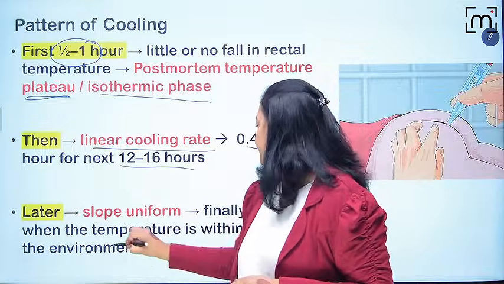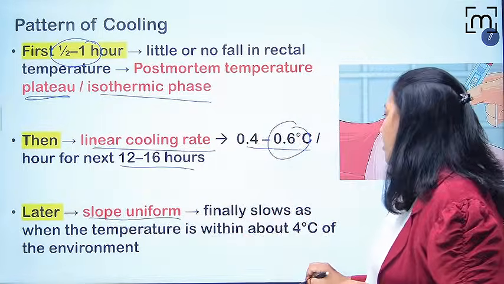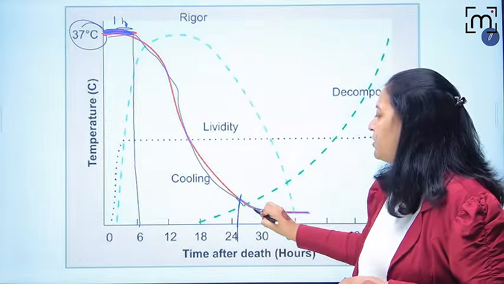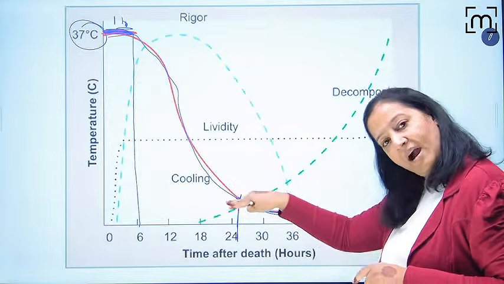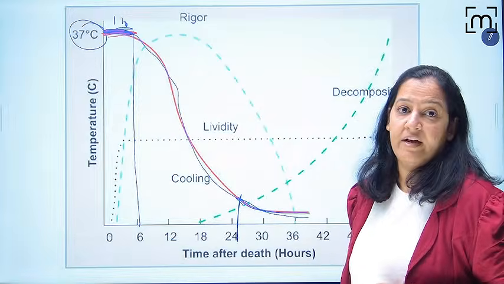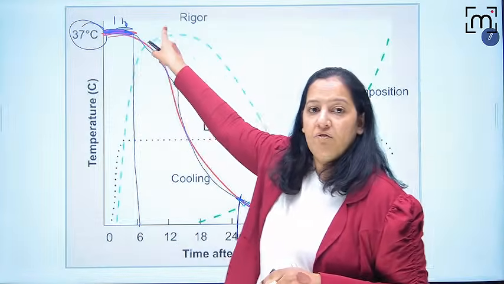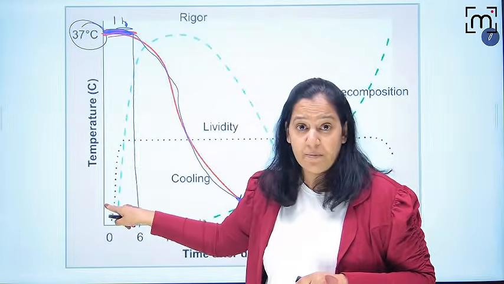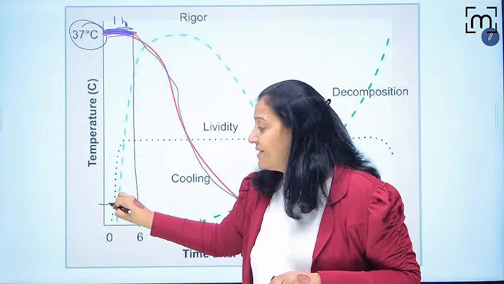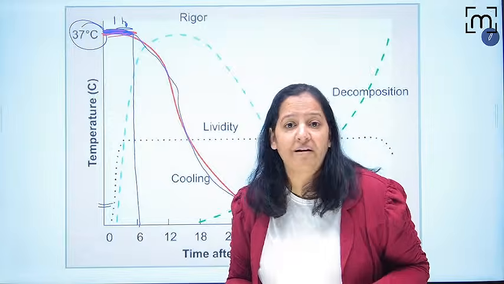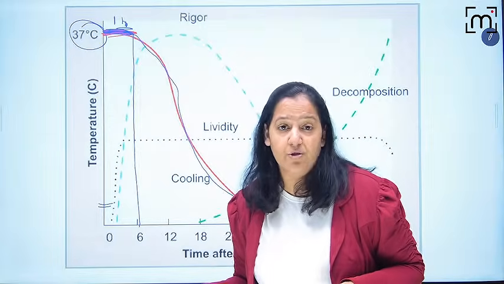And finally, the slope becomes uniform because the temperature of the dead body is nearly equivalent to the environment. Then again it becomes constant. So this is the complete rate. You should be able to draw this graph. It starts from 37 degrees, falls and becomes equivalent to the temperature of the atmosphere. I don't know the temperature of the atmosphere. Maybe it is summer, winter, rainy season or spring, maybe a tropical country, maybe a temperate zone.